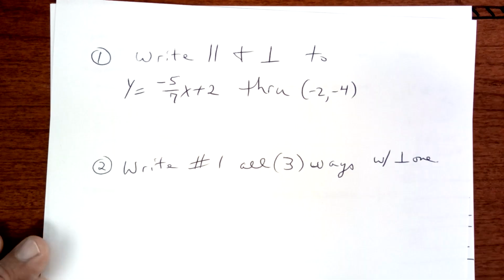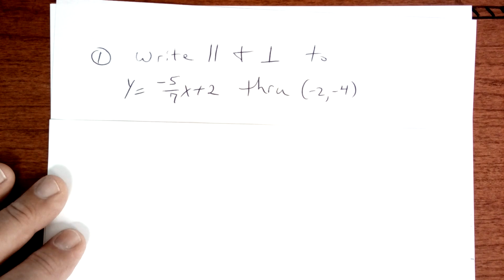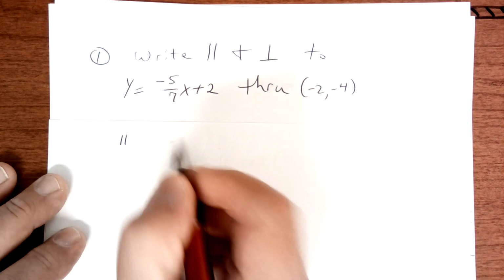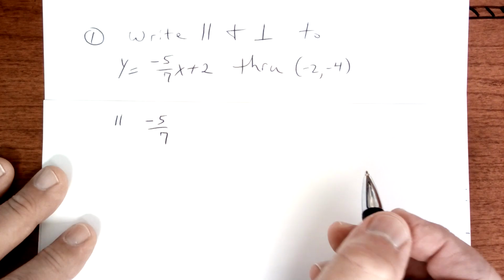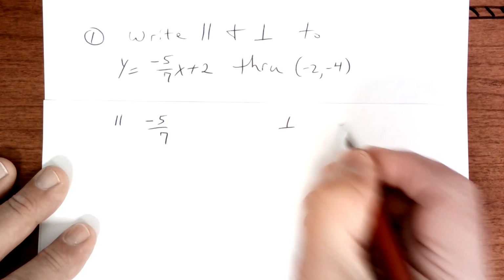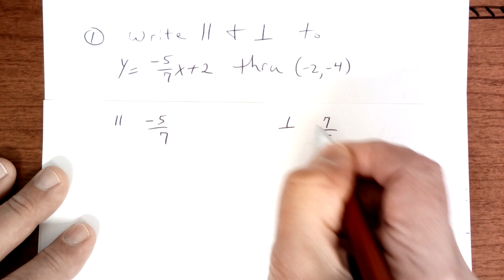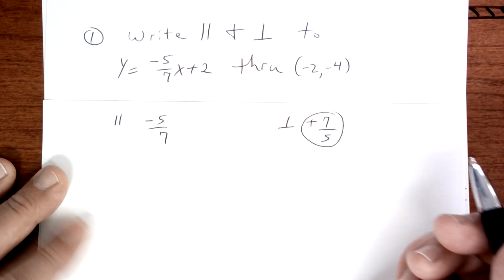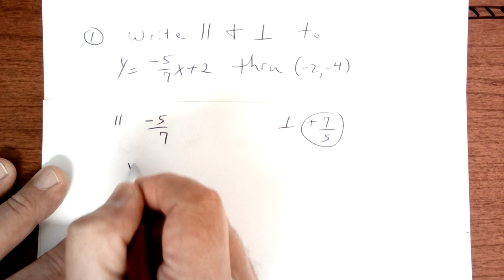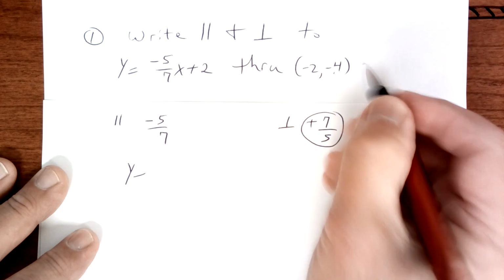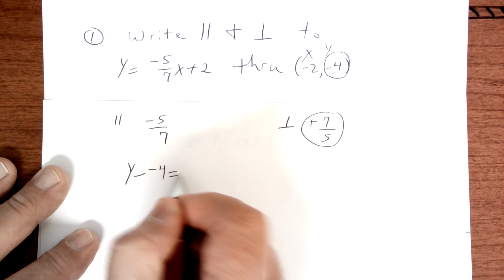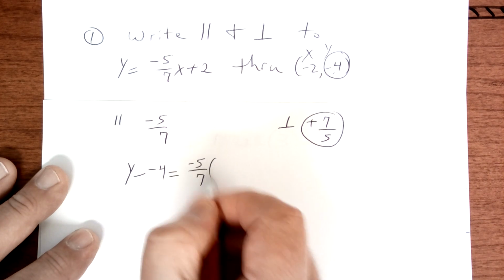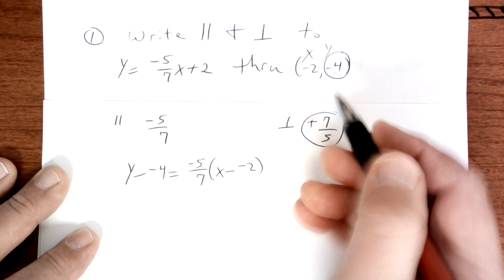All right, so look here. If you want parallel, you're going to use the same slope. If you want perpendicular, you have to flip it and change it. And it changes to a positive. So it's going to be y minus my y right here, x and y, right? Equals my slope, and then x minus my x, which is that one.